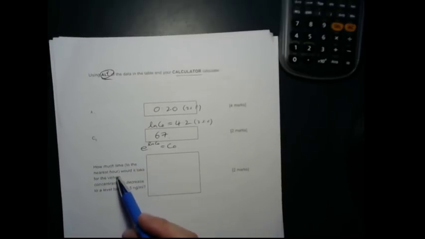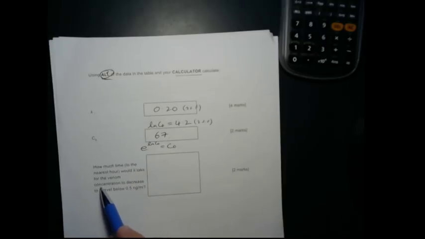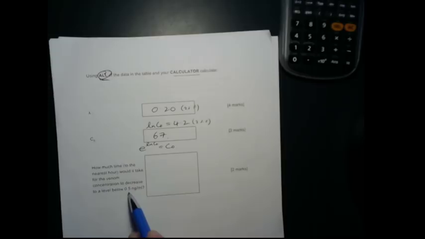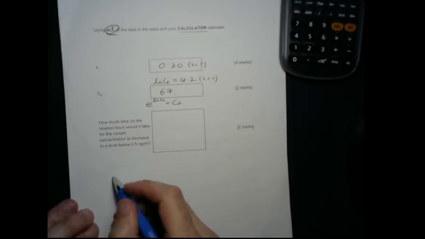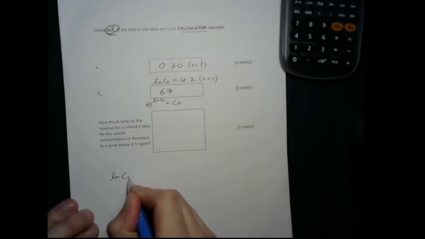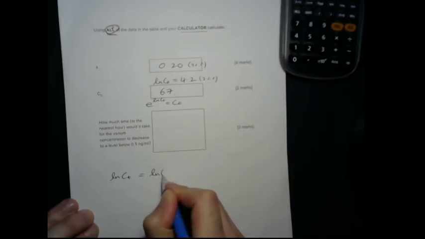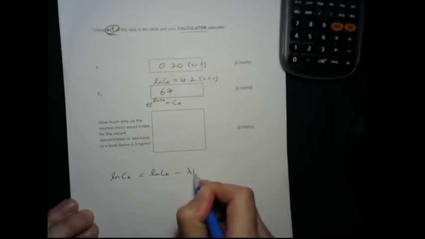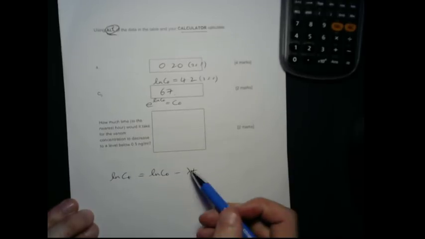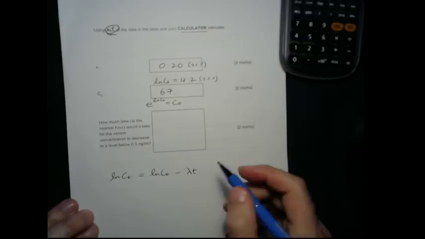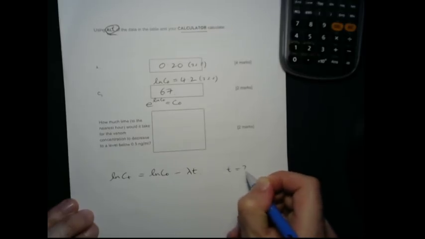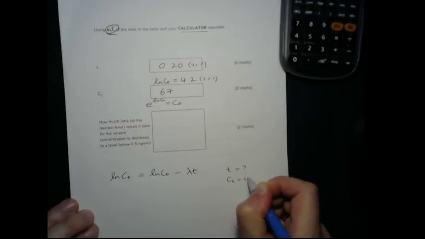Okay, my next question is, how much time to the nearest hour would it take for the venom concentration to decrease to a level below 0.5 nanograms per milliliter? So let's have a look at my linearized equation again. I'm going to write it down. ln Ct is equal to ln C0 minus lambda t. So I'm trying to work out how much time I need to get to a Ct of 0.5.